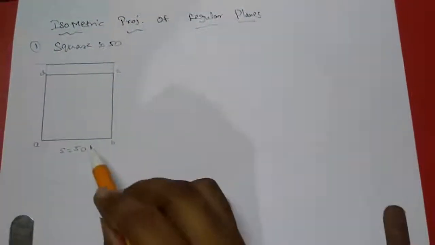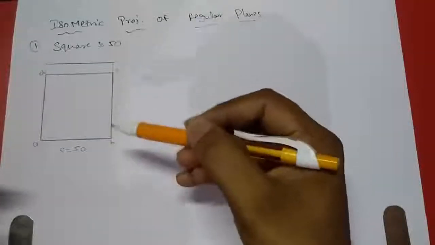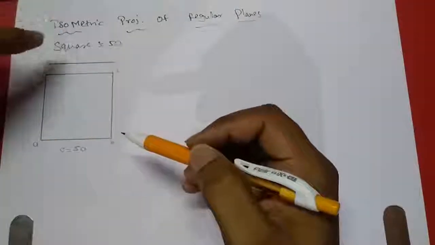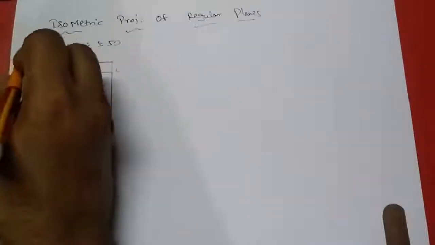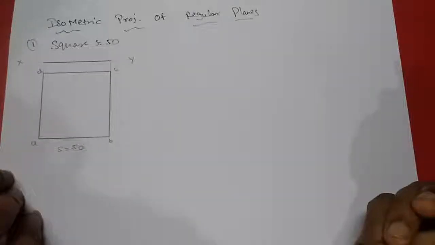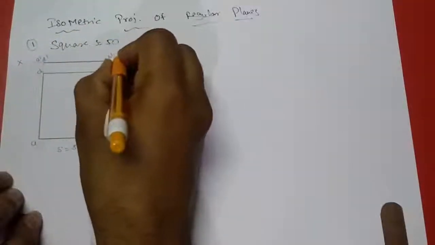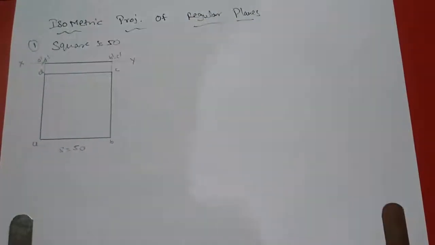It means our regular square is lying on the HP. So HP rotates clockwise 90 degrees and your front view falls on the XY. So this is X and Y, the reference line of the principal planes. And coming here, A dash, D dash, B dash and C dash. This is one way of solving the problems.